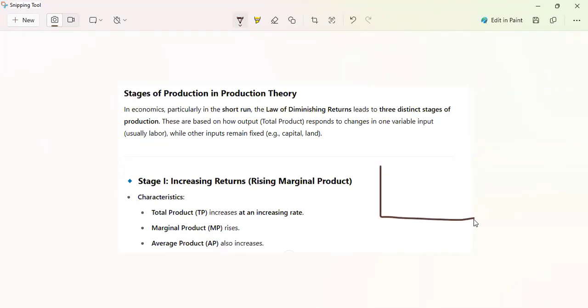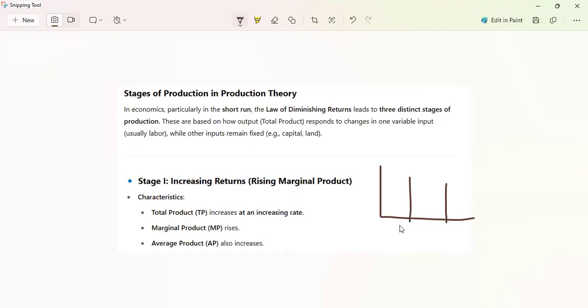The marginal product will also rise, as well as the average product. So the curve will look something like this. So we have our stage 1, stage 2, and stage 3.